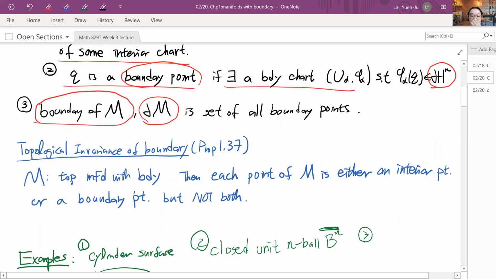We cannot directly talk about what it means to have a smooth function from an abstract manifold. What we can do is consider a diagram like this. We know what it means to have a smooth map from R^n to R^k. So we consider the map like this, because you can actually go backward by phi inverse.